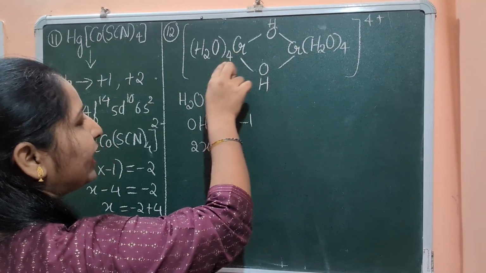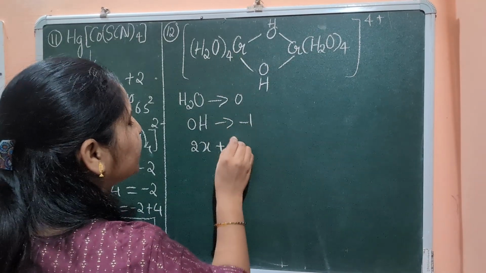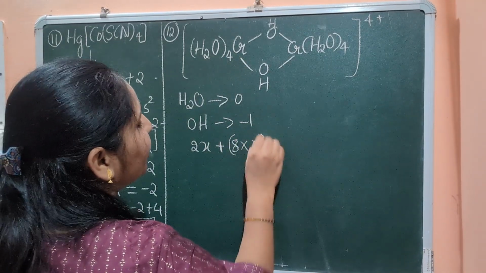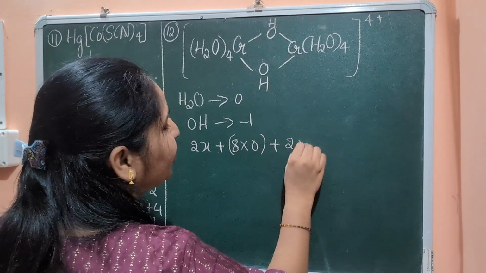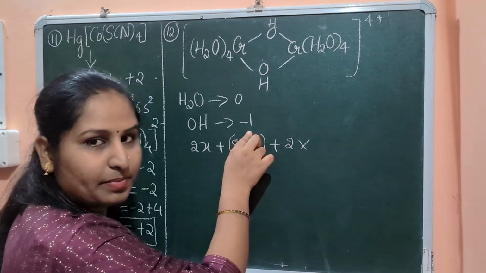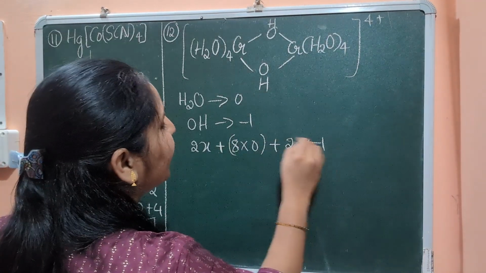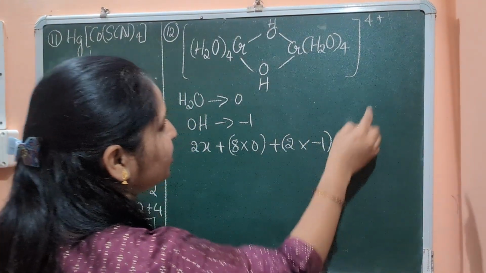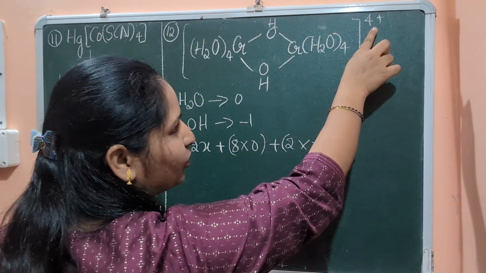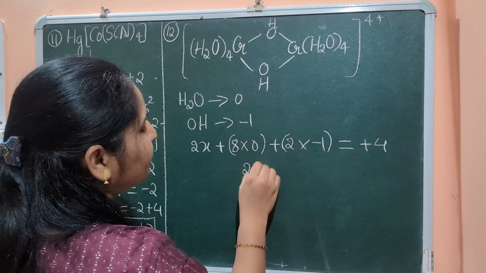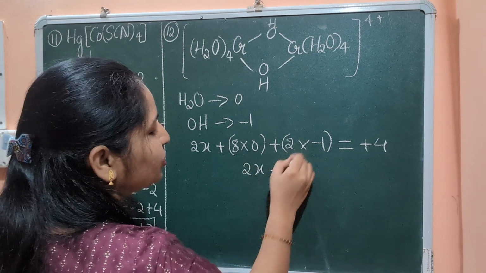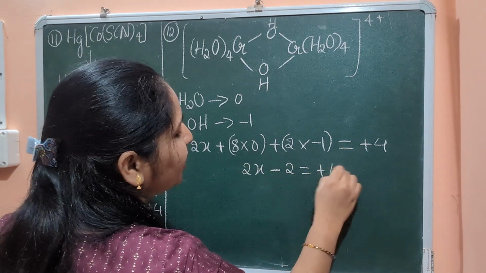There are 8 H2O ligands, so it is 8 into 0, plus there are 2 OH ligands, so it is 2 into the charge on OH, which is -1, and that is equal to the charge on the whole complex, +4 here. Now 2x, this is 0, -2, which is equal to +4 here.